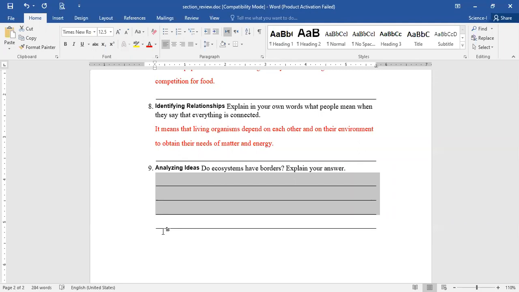Or maybe the availability of light, like in the ocean: as we go deeper the intensity of light decreases, so it could be divided into different ecosystems, because the aquatic living organisms that survive in the deep cannot survive in the upper part. So it doesn't have a border, but it is somehow limited by natural factors. Good idea. But living organisms actually could move freely between ecosystems. Good idea, guys.